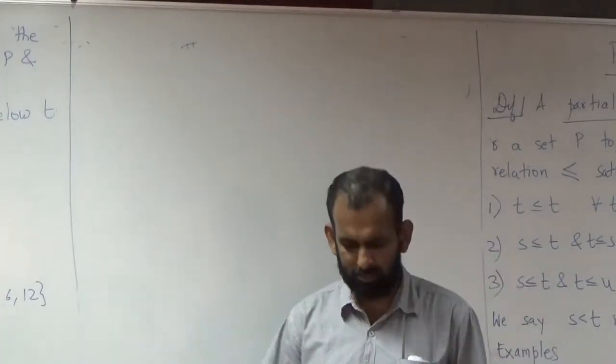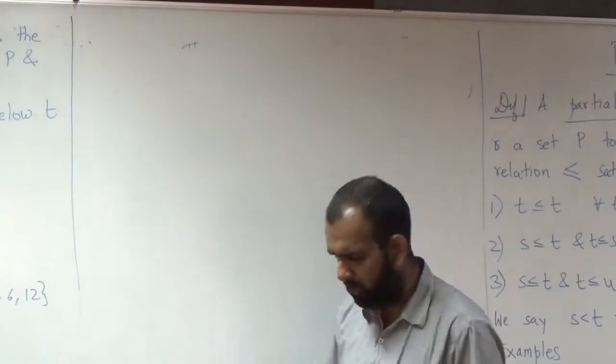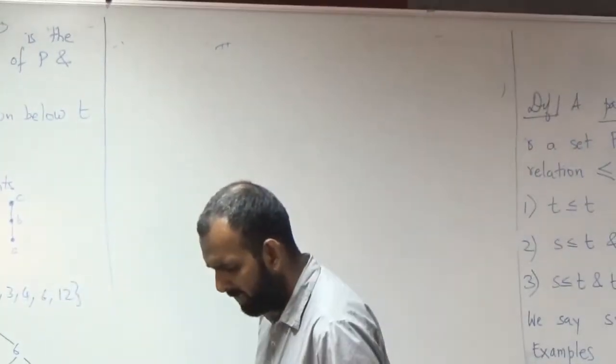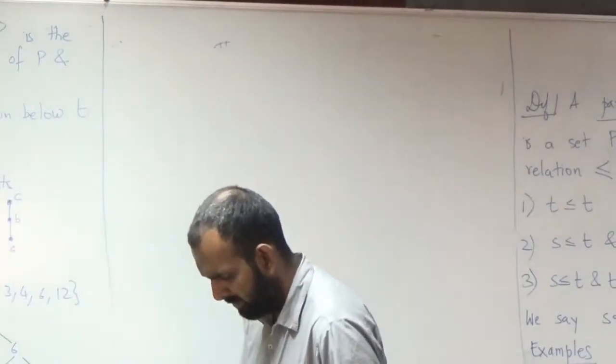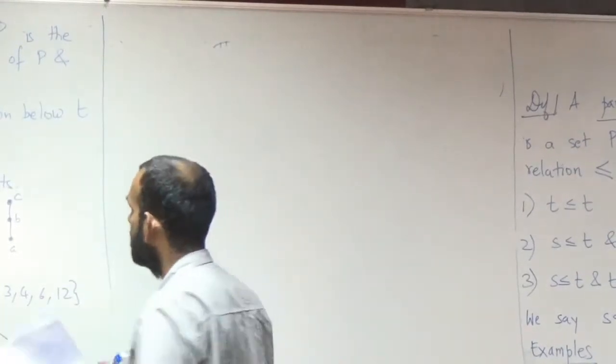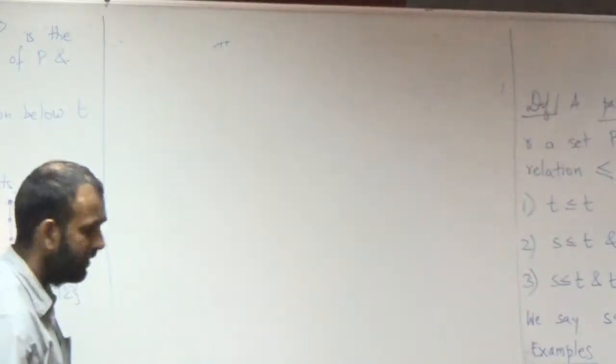So it's very vast generality. One nice class of posets that often come up in the literature are what are called lattices.